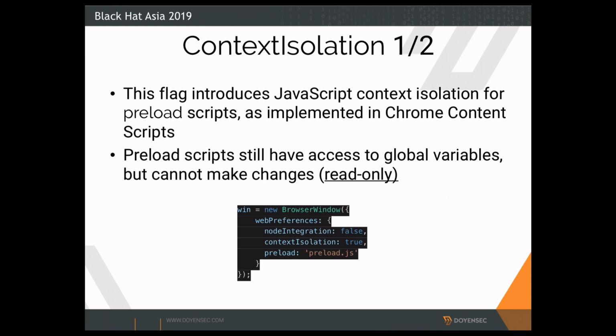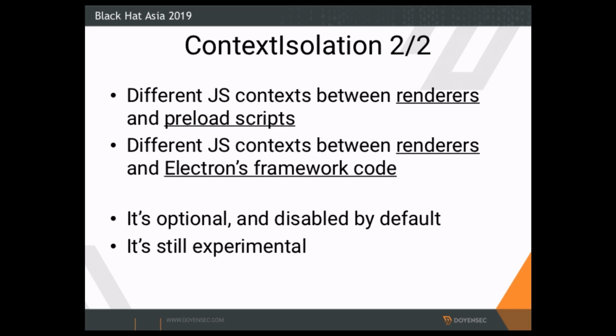What that means is that the preload script can still access the entire window object, but cannot make changes. So if you try to append, like in a previous example, a new version of the window open function, that won't simply work. And moreover, context isolation works on both renderer and preload, but also on renderer and the Electron framework code. And this is, again, an important aspect, and we'll see why.